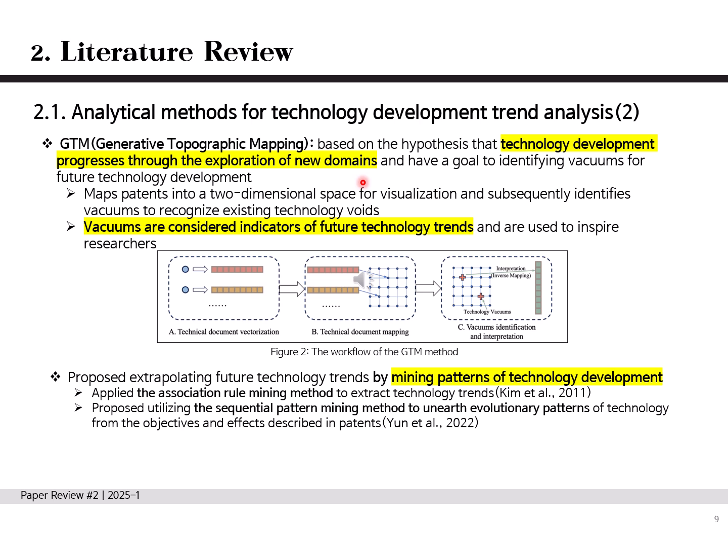In this method, vacuums are considered indicators of future technological trends and are used to inspire researchers. Also, they have proposed extrapolating future technology trends by mining patterns of technological development. They have used the association rule mining method or the sequential pattern mining method to uncover evolutionary patterns.